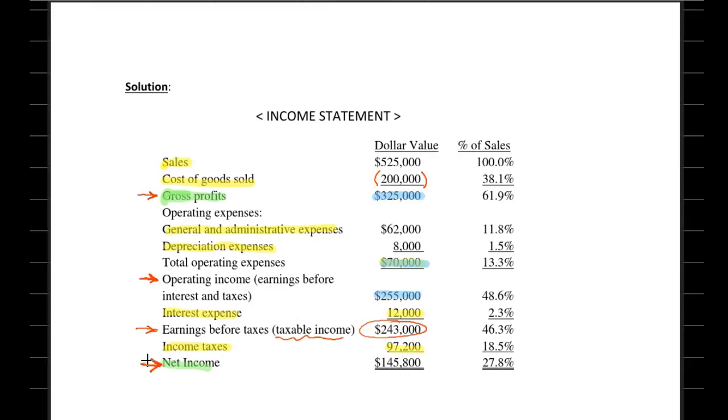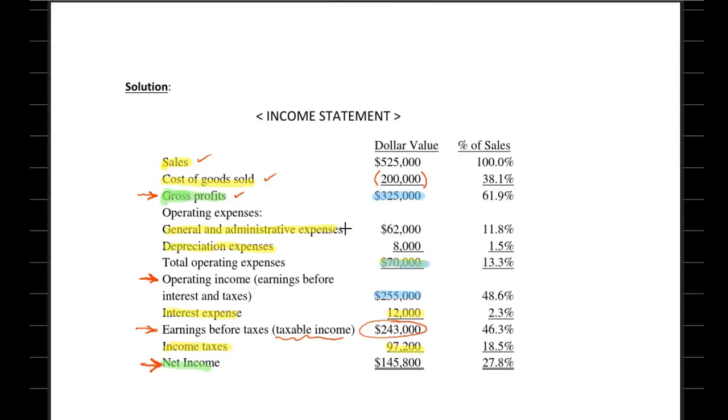So we restructured the givens in the problem so that we can have a better understanding of the income and expense items of the firm. We started with sales, and we subtracted cost of goods sold from sales to come across gross profit.